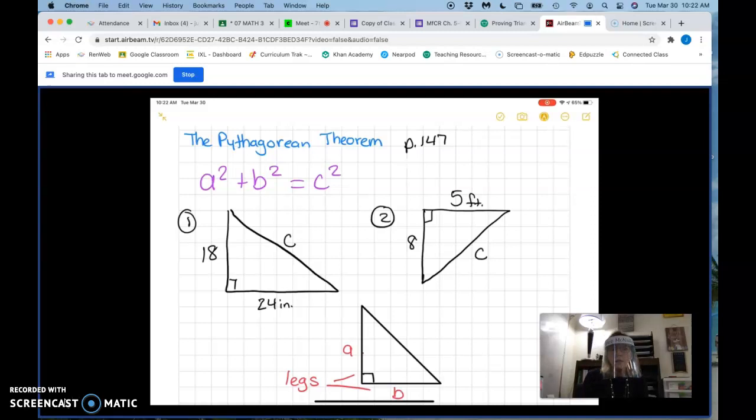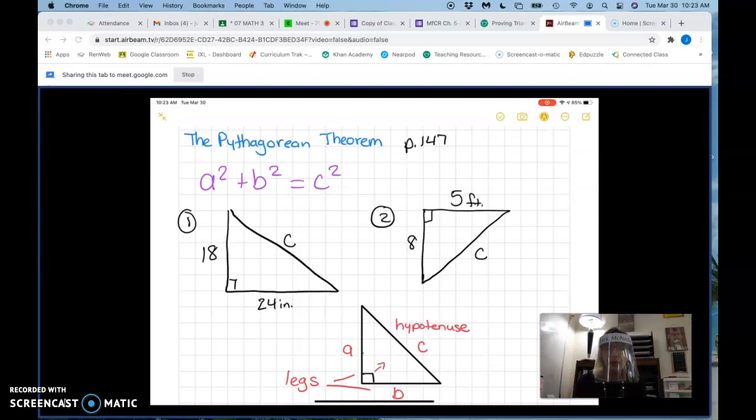And then the side across from the 90-degree angle is called the what? That's a weird name. This one is called the hypotenuse. It's a very weird word. And it is what letter? C for the hypotenuse.